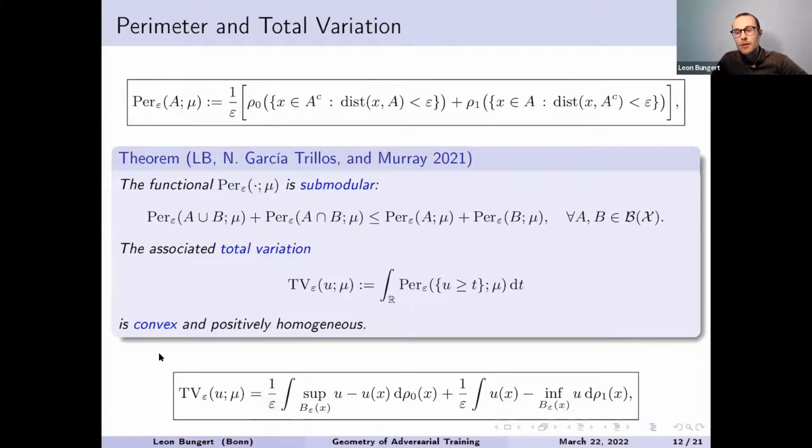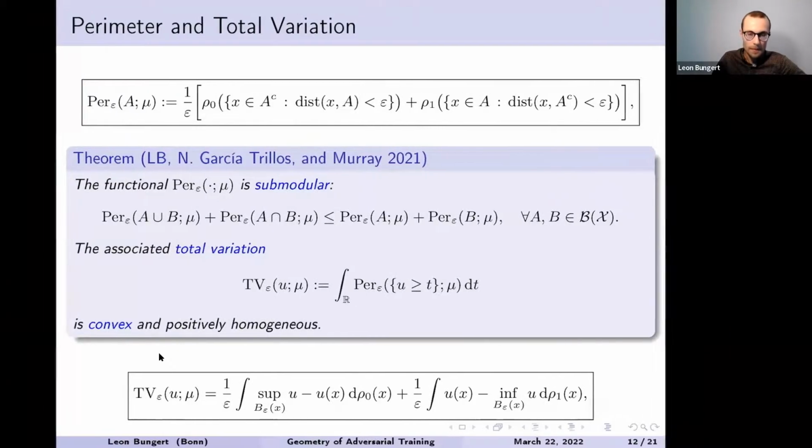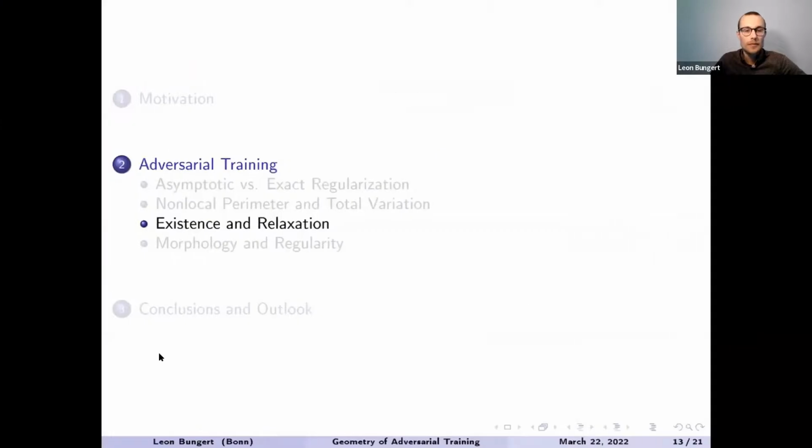So basically, this total variation is the integral over finite differences of u evaluated at x, right? And these finite differences are taken in an epsilon neighborhood. And this is why we call this thing a non-local total variation, because it's really something like the integral over the norm of the gradient. However, you replace the norm of the gradient with these non-local finite differences, basically. Okay, so this is the TV functional.